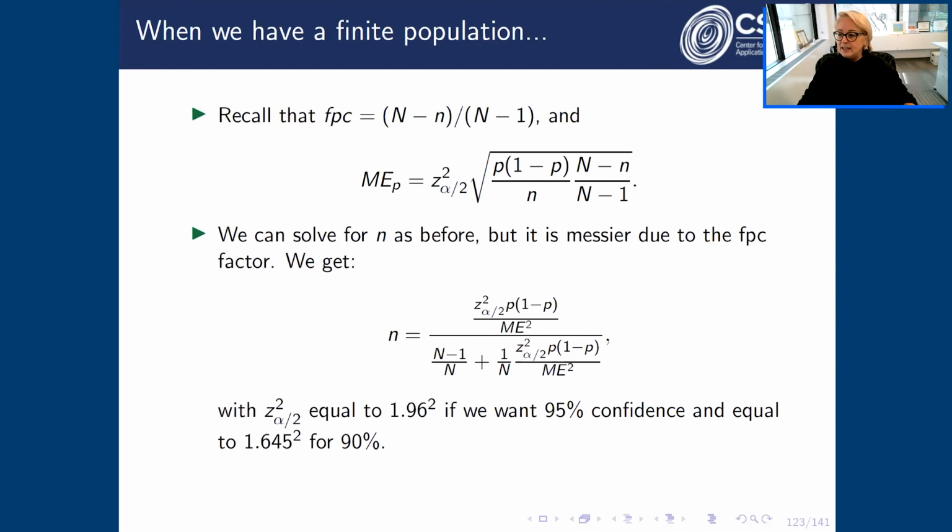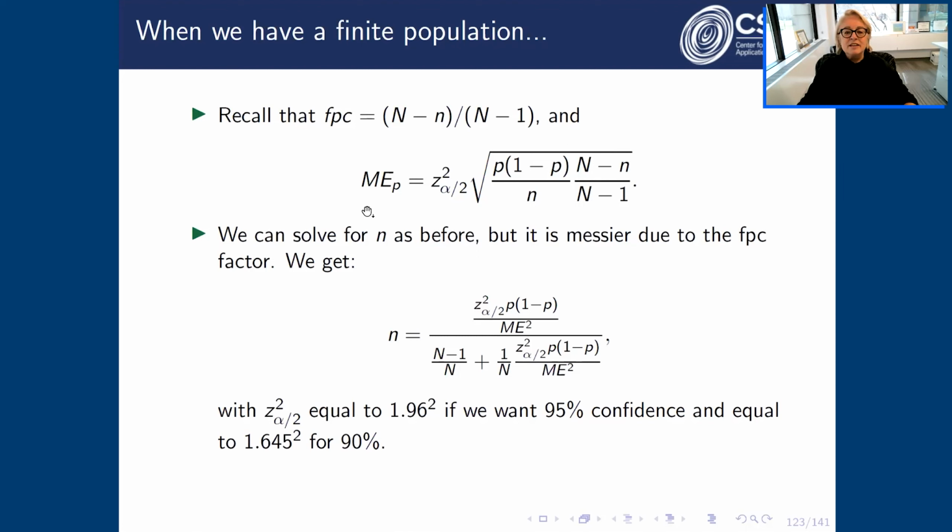Now, unfortunately, this is when you have an infinite population, but oftentimes you don't. And so now you have to worry about this finite population correction factor. Remember, capital N minus n divided by capital N minus 1.